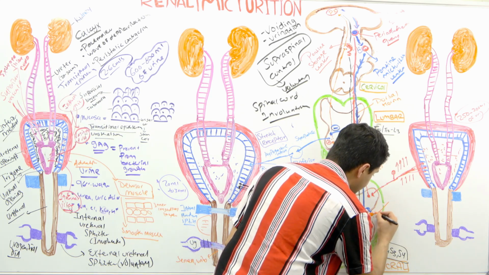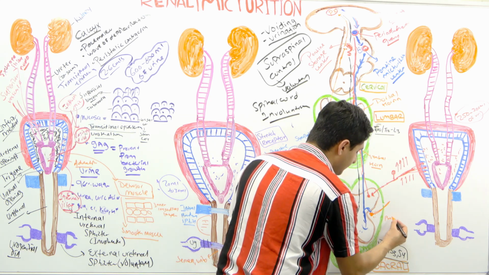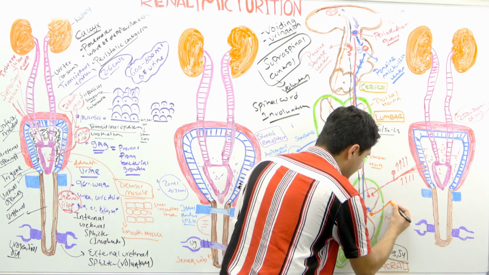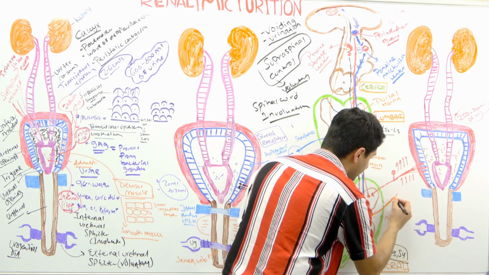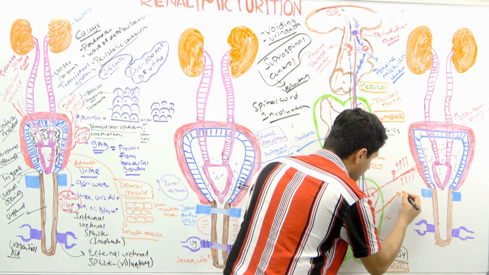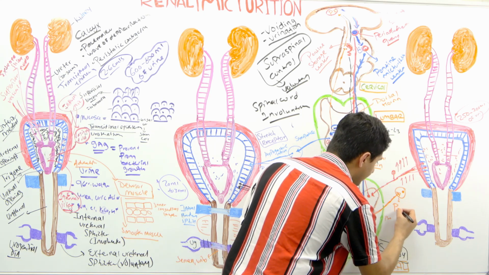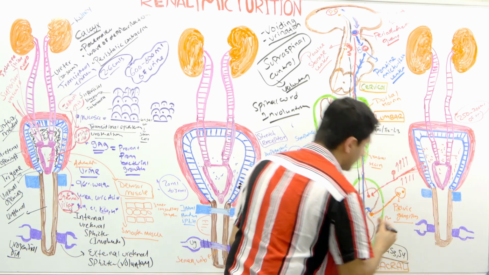They are going to synapse first in the special ganglion. And what is this ganglion right here? These ganglia are called the pelvic ganglion.